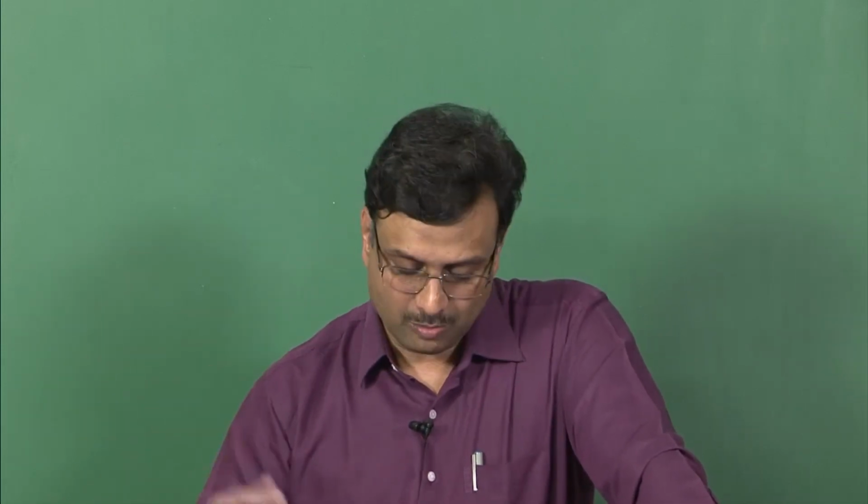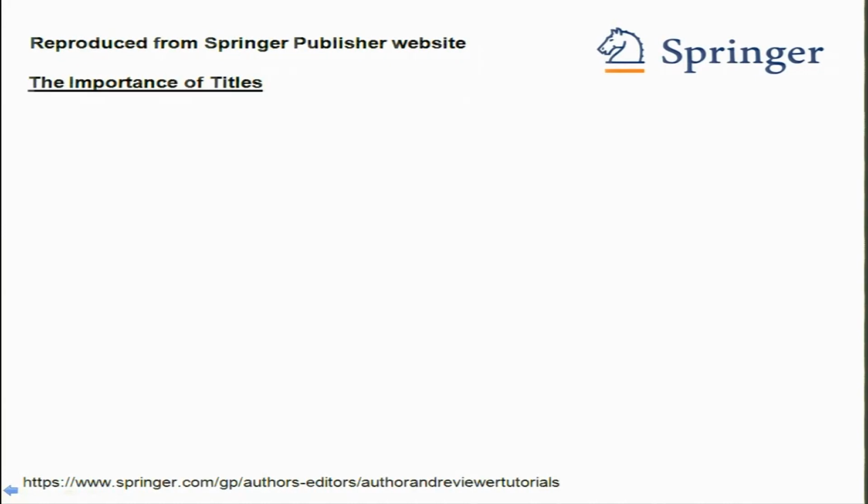So these are some of the suggestions that are given, and from the links that are given in the slide as well. Now you may want to go back and look into these links and read more, and then try to work around the bullets that you made, and then come up with a better title.